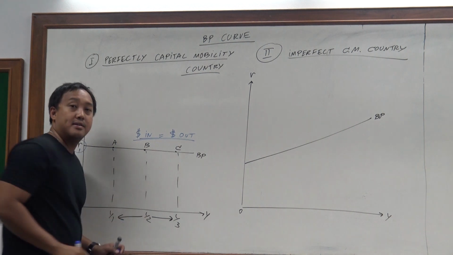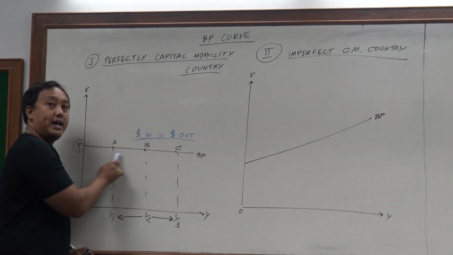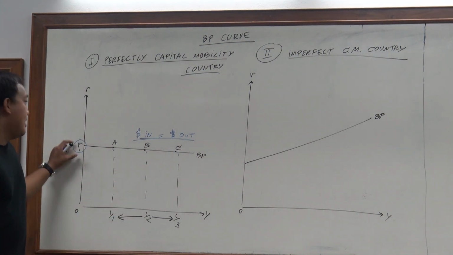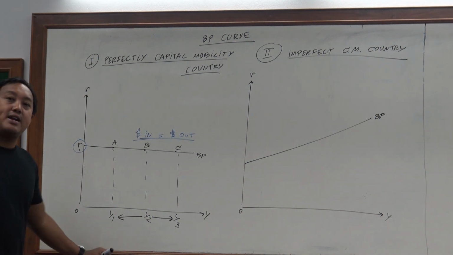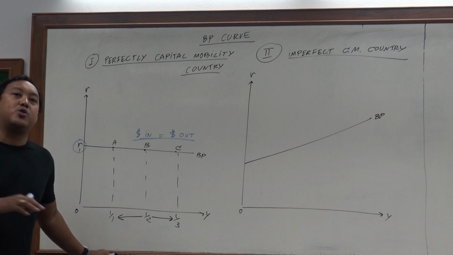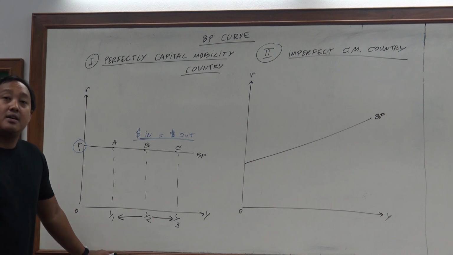You have balance of payments. Each point here, as long as the real interest rate equals R1, the money that flows in always equals the money that flows out.